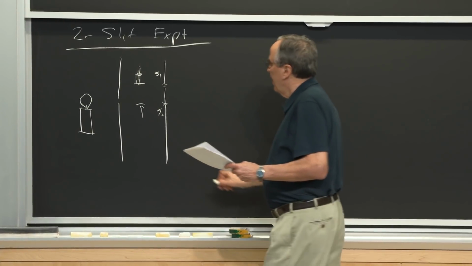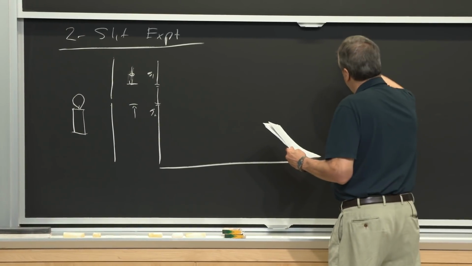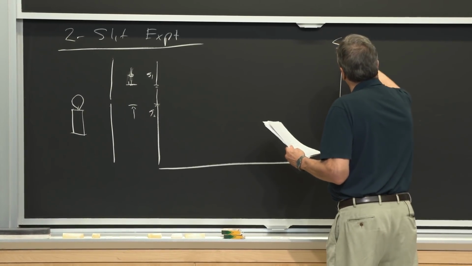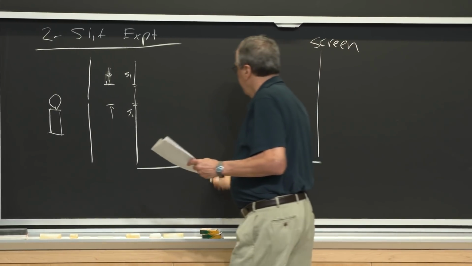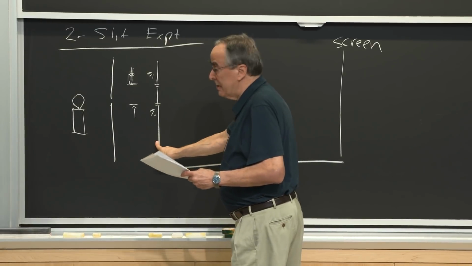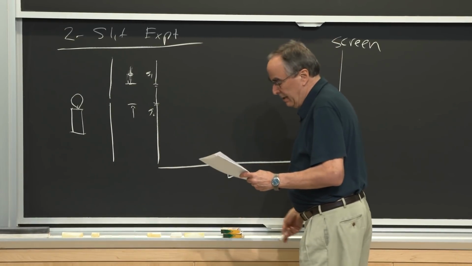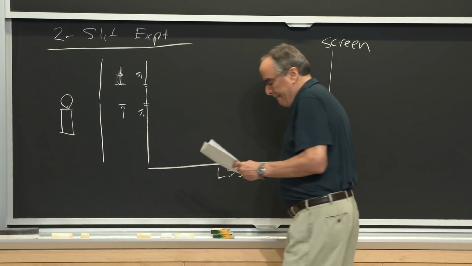Okay, and now we go down to the screen. And the distance from the slits to the screen is L, and L is much, much larger than d.